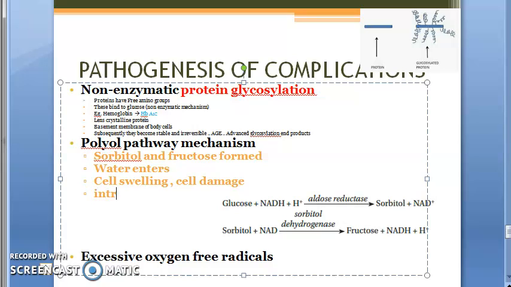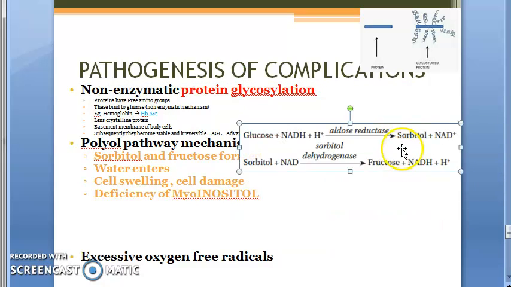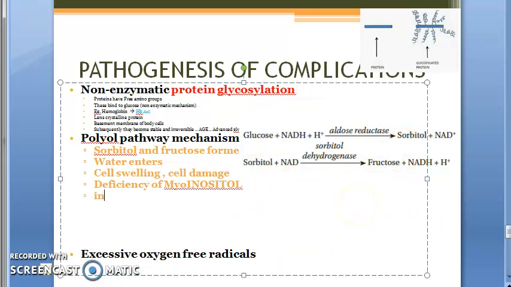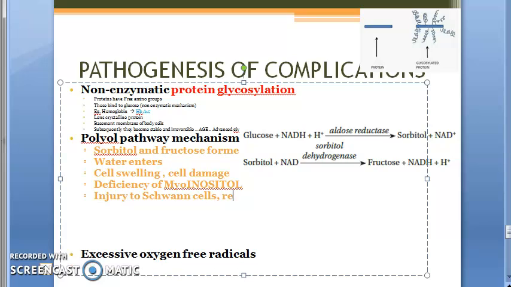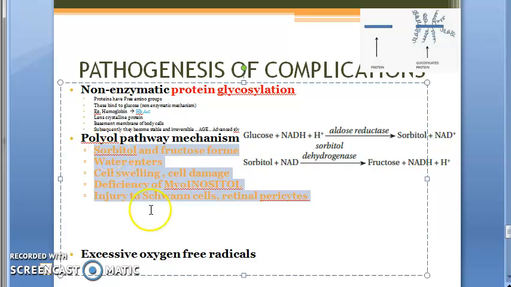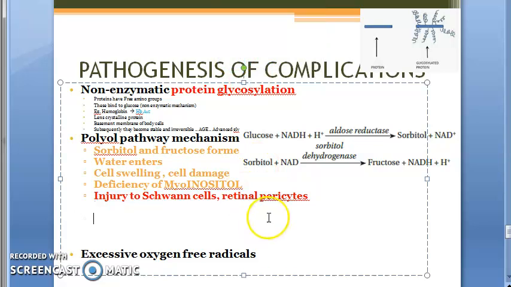There will be intracellular deficiency of myoinositol. Myoinositol will become less. There will be injury to Schwann cells, that is again in the nerve, and injury to the retinal pericytes. So this is how there is injury to Schwann cells and retinal pericytes, with deficiency of myoinositol.